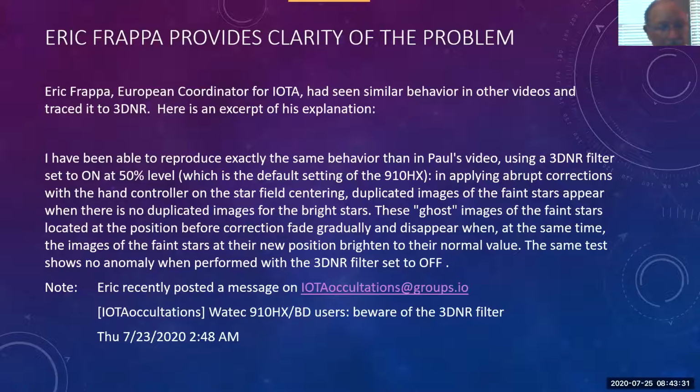Now, Eric recently posted a message on IOTA occultations that gives a full explanation of the entire process. I recommend everyone read it. It's under the subject, Watec 910HX/VD users beware of 3DNR filter, and it was published on July 23rd.